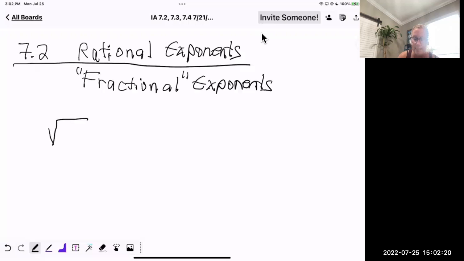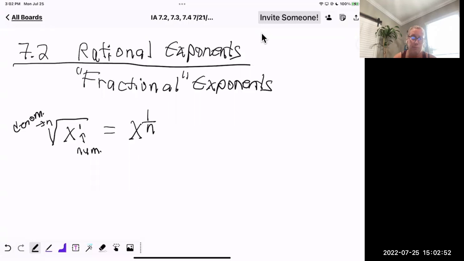Where does it come from? So let's say you have a root. We'll call it the nth root. We don't know if it's a 2, 3, 4, 5, and we have an x inside. Really what you have is x to what power? The first power, right? So this is my numerator, this is my denominator. What you really have is x to the 1 over n power.